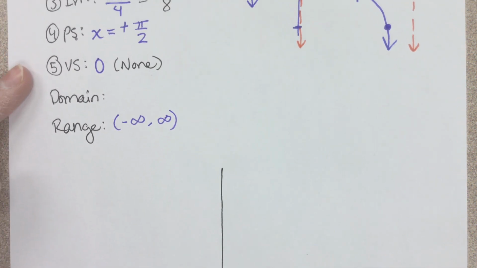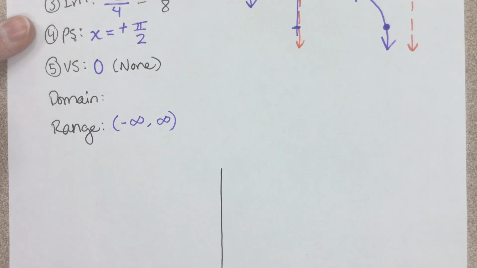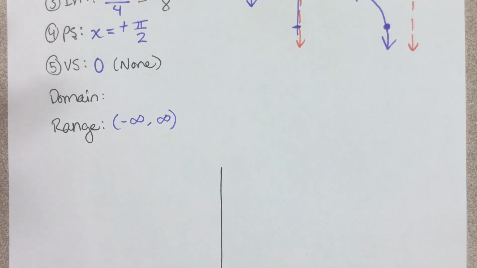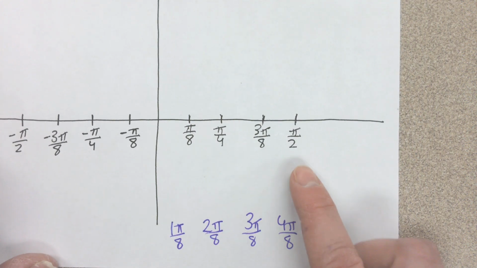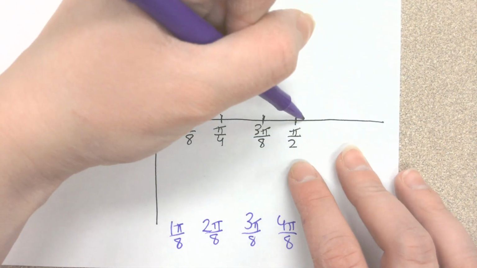Let's figure out our starting position. We have a phase shift at positive pi over 2, but no vertical shift. So we're going right pi over 2, which is all the way at the end of our interval. Starting here.